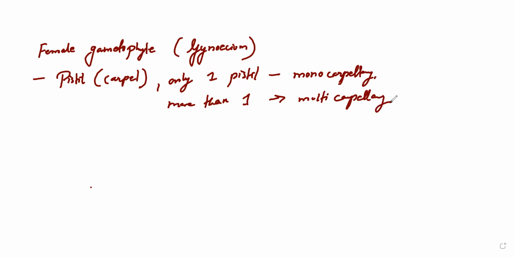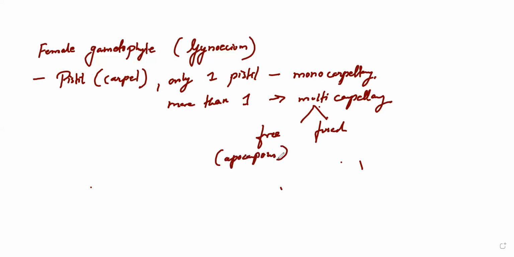If it's in multicarpellary form, then the pistils may be present how? In a free form or in a fused form. If it's a free form, then we call it as what?